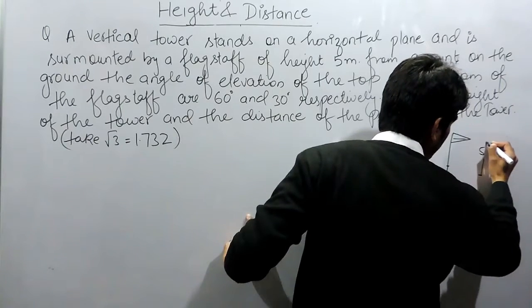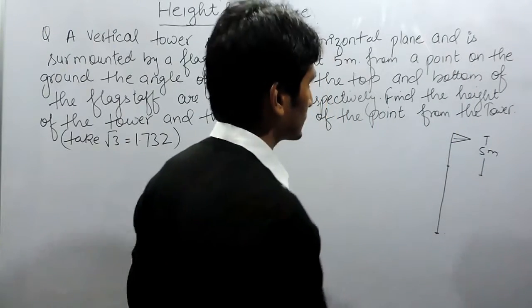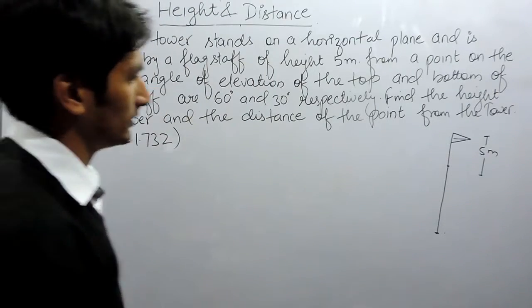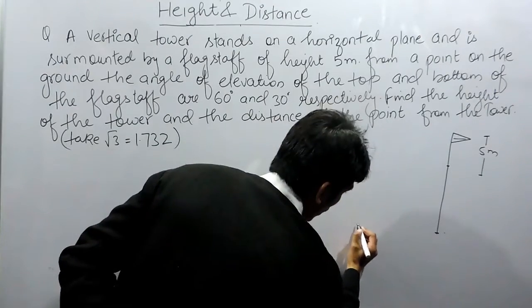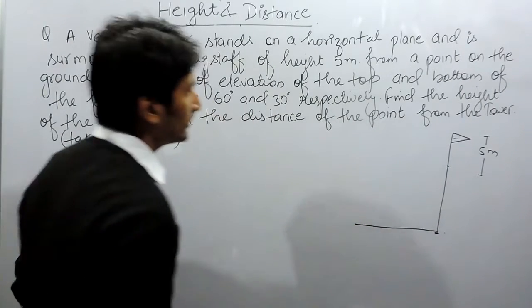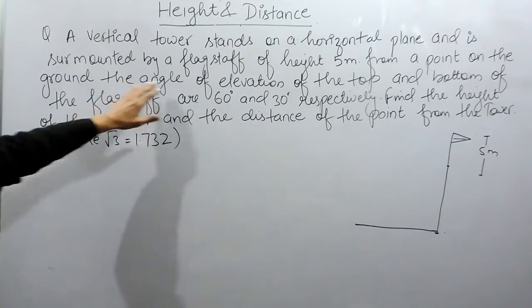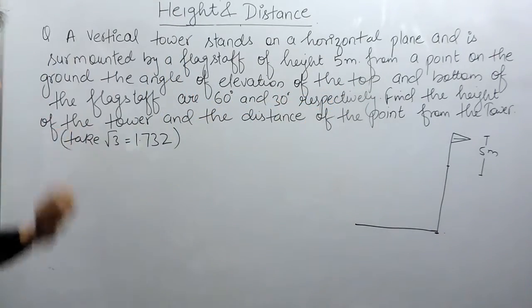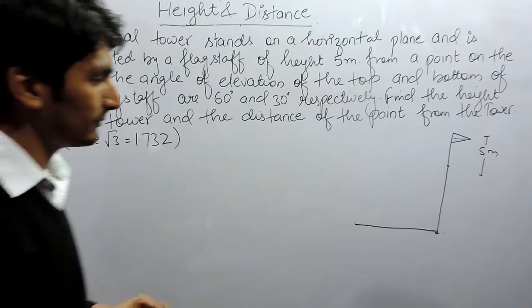The height of this flagstaff is 5 meters, and from a point on the ground, the angle of elevation, there is a point on this horizontal ground. From this point, the angles of elevation of the top and the bottom of the flagstaff are 60 and 30 degrees.